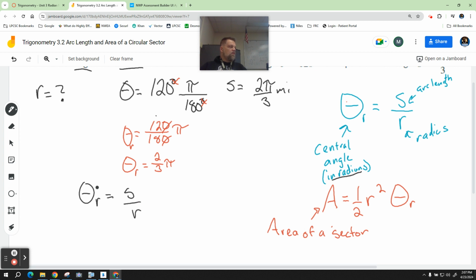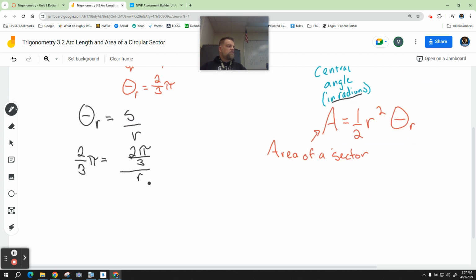While I know that my theta is 2/3 pi, and that's equal to 2 pi over 3 all over the radius. So then if that's the case, how do we, yeah, we'd multiply by r to get the r out.